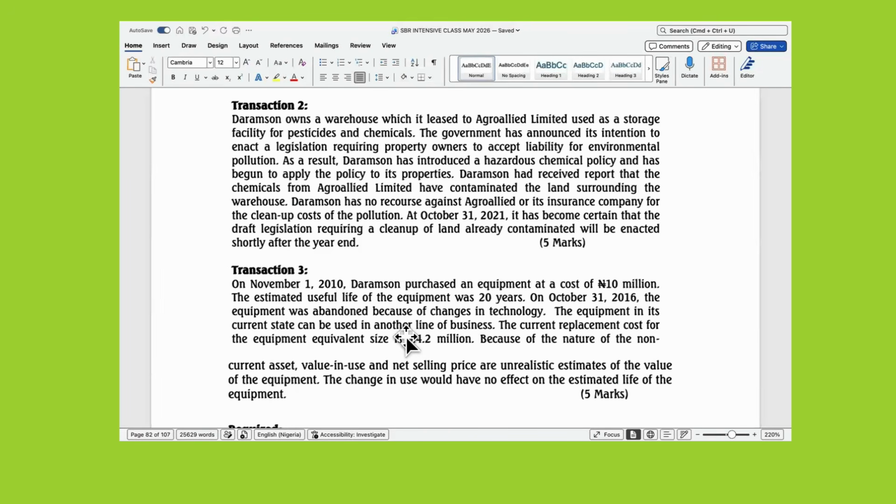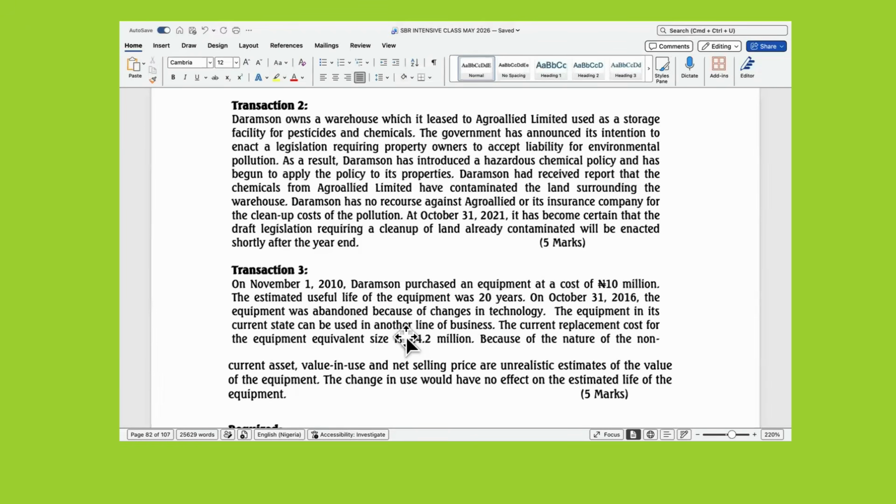So you will also need to calculate carrying amount. Since they bought the asset 10 years ago at a cost of 10 million and the useful life is 20 years, you can calculate depreciation per annum, then multiply it by the cumulative years so far, so that you can get the accumulated depreciation. Then if you take that away from the cost of the asset, we will be able to get carrying amount.